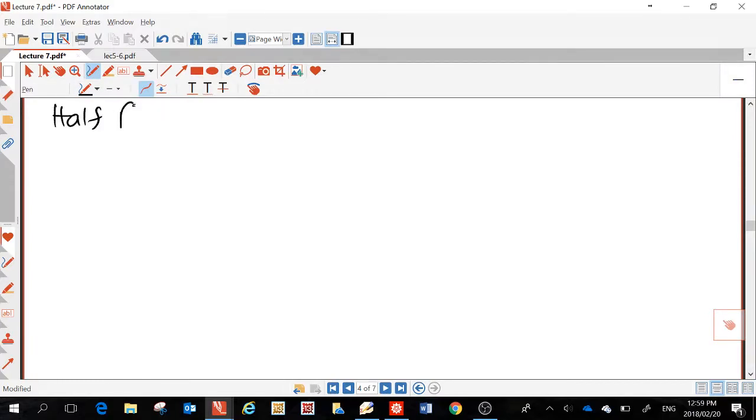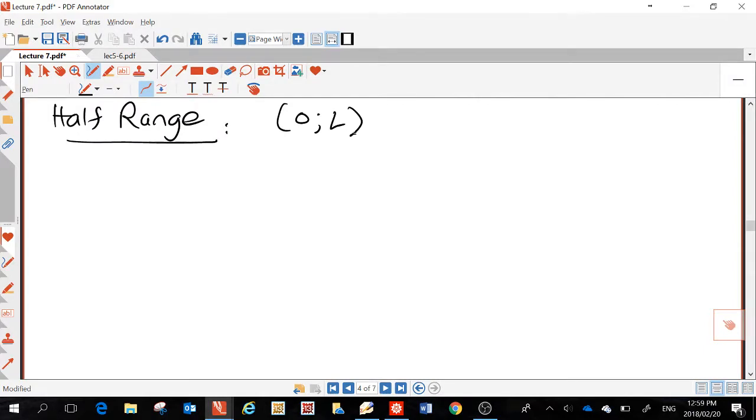Half range functions. This time we are talking about not L. And there is some ambiguity here, you see. Just because somebody says not 50, you may ask, is that half range or full range? It depends what the examiner says. If he says that it repeats every 50 units, then it's full range.